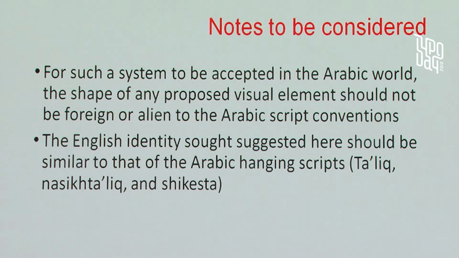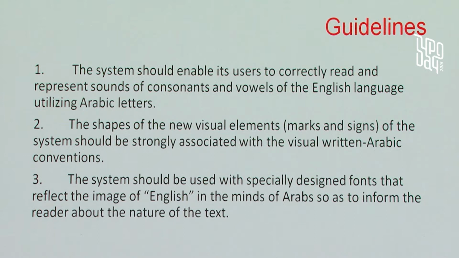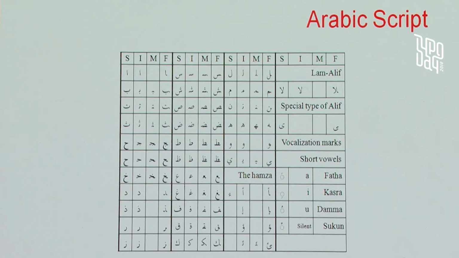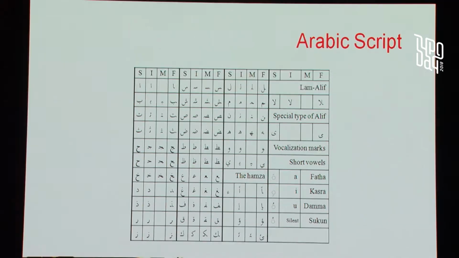writing. So the summary is that they should be right and read correctly, the shapes should not be alien, and the overall identity should start to say English. An Arabic script, to those who are familiar with it, Arabic letters are 28. With the Hamza, they are 29, and 30 with the Lam alifs.